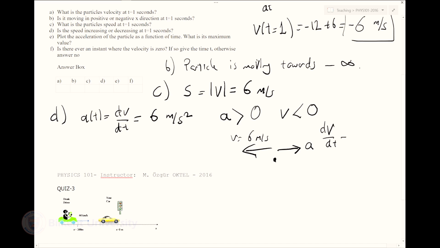So v at t plus dt is v at t plus dt times a. If a is in the opposite direction compared to my velocity, be careful, my velocity will be increasing, but my speed will be decreasing.